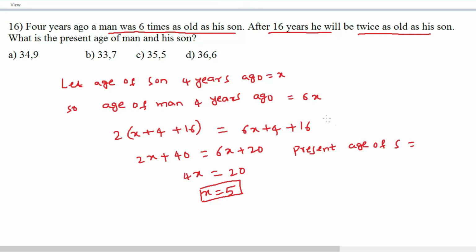Present age of son equal to x plus 4. X equal to 5, so 5 plus 4 equal to 9 years.